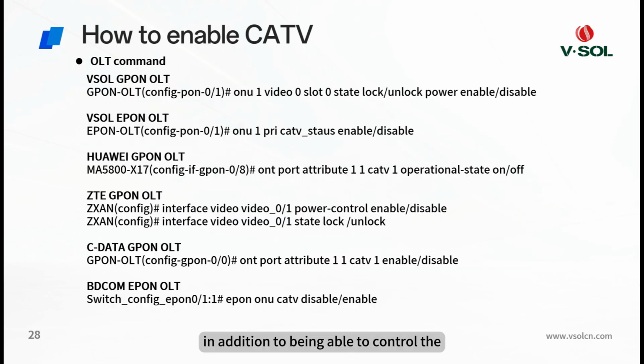In addition to being able to control the CATV switch through the VSOL OLT, it can also be controlled through OLTs from other manufacturers, such as Huawei, ZTE, BDCom, CData, etc. In EPON mode, private OAM is used to control it, as the OAM standard does not define it.